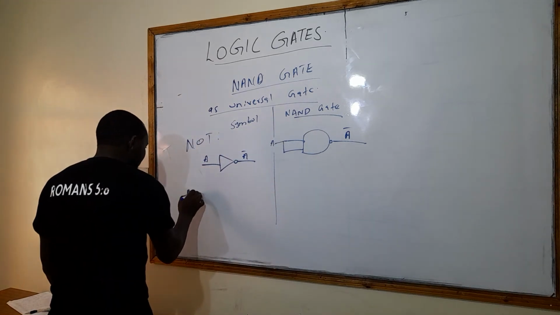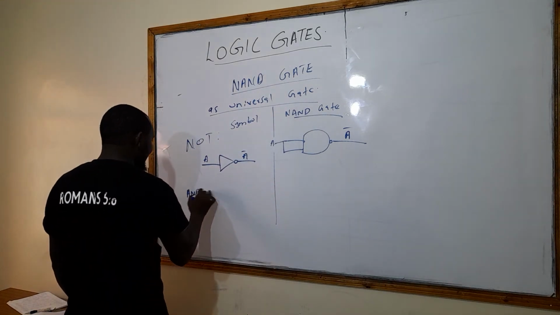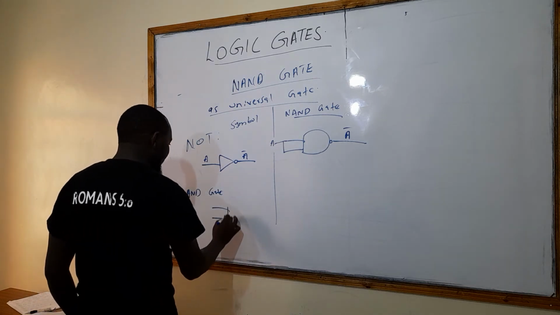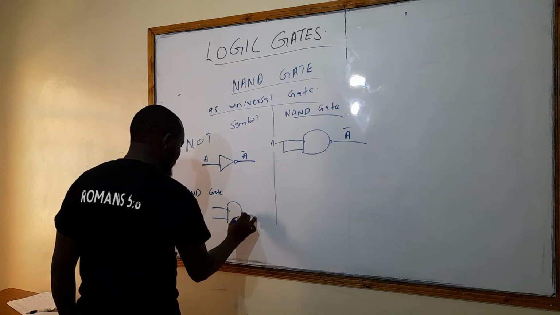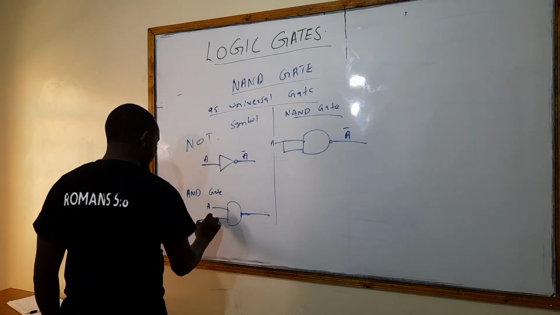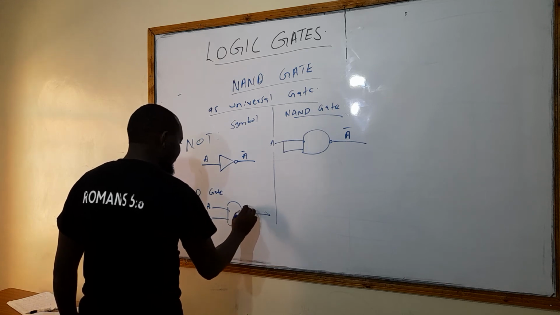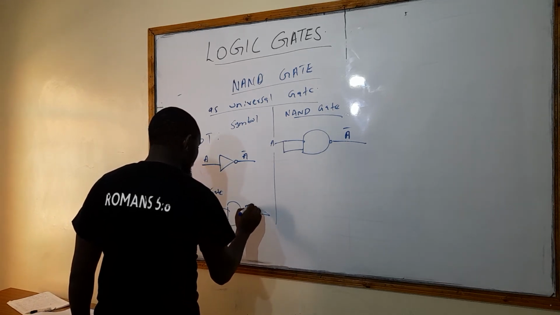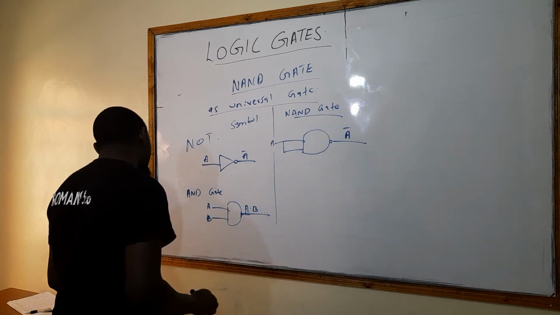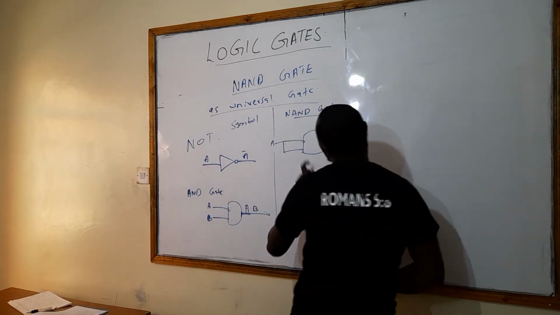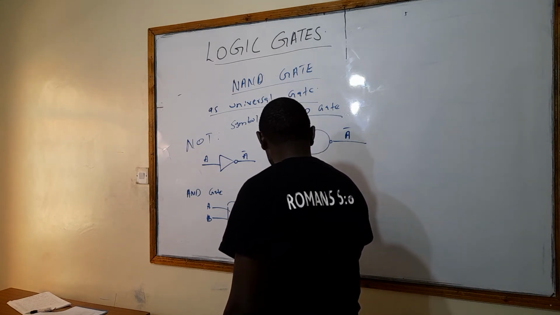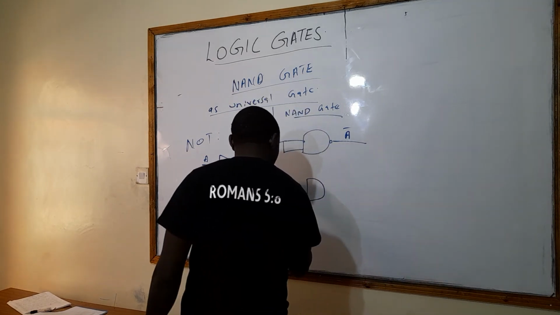Let's talk of the AND gate. How can you implement an AND gate? The symbol of an AND gate is like this. So we have A dot B. Very good. Now, when you want to implement this, you are going to buy two NAND gates. You are going to put them like this.